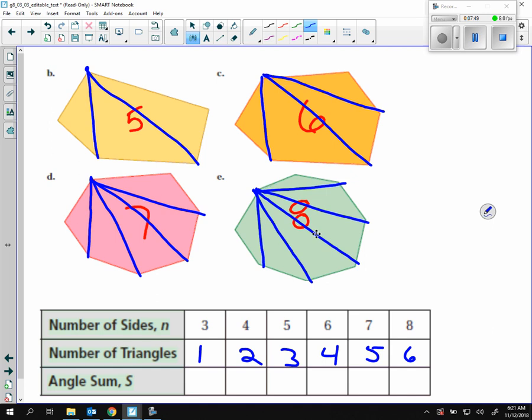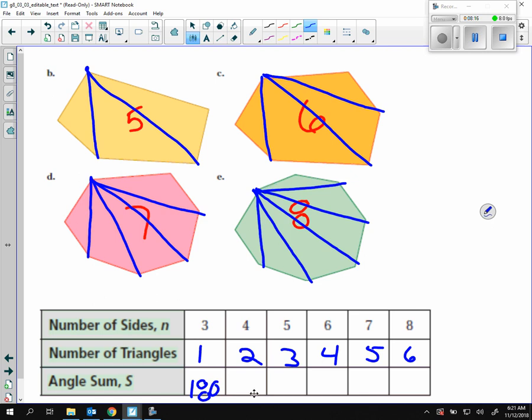So what I'd like you to do here is take a minute, based on what you know about the interior angle measures of triangles, figure out what the sum of the angles inside each of these shapes will be. So I know that a triangle is 180.